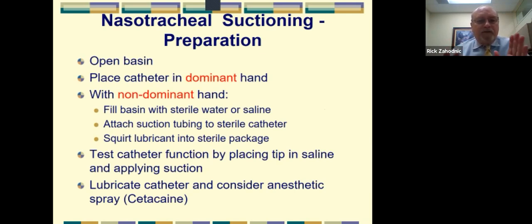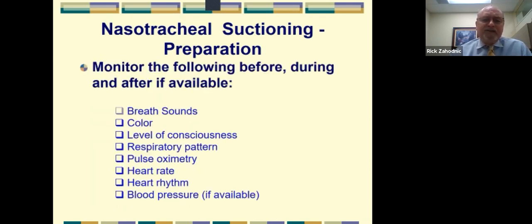So at that point, you'll tell us which is going to be your dominant and which is going to be your non-dominant. And then obviously you never want to have a situation where the hand that is sterile is touching something that is not sterile, like the water bottle. We'll test catheter function. Once it's been attached, we'll monitor the patient for various cardiopulmonary distress.